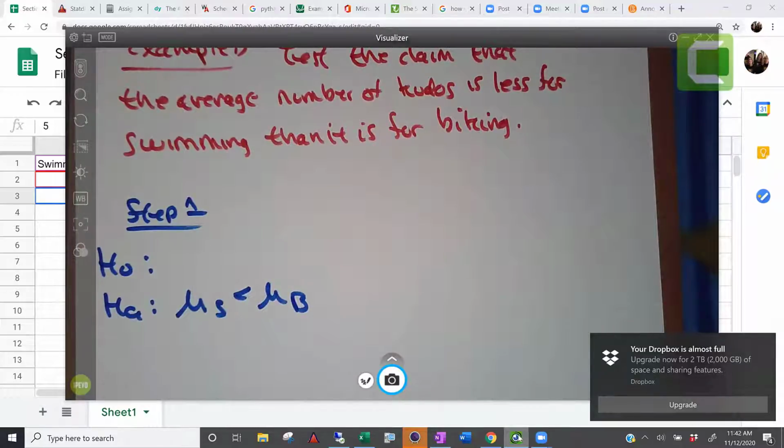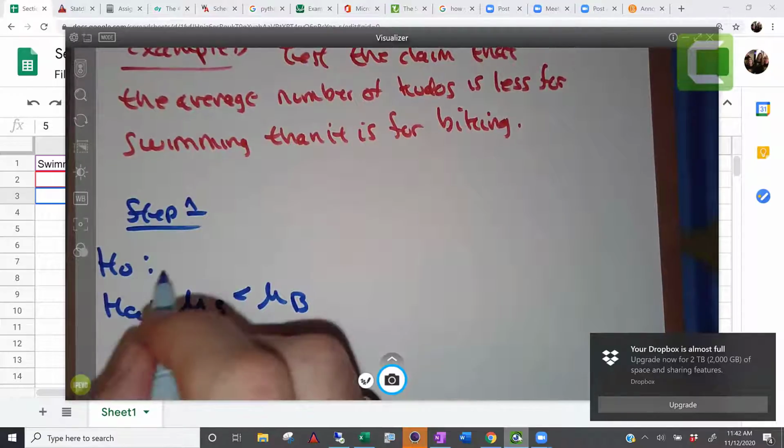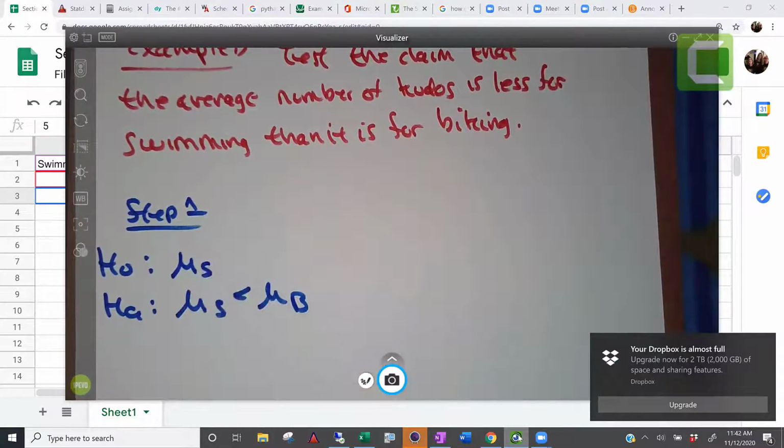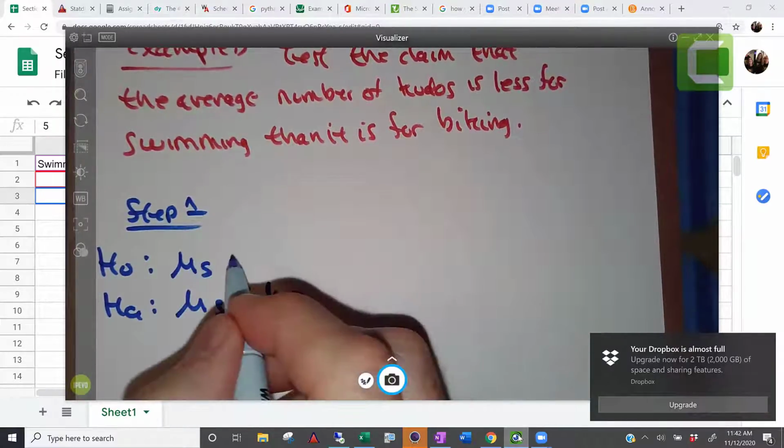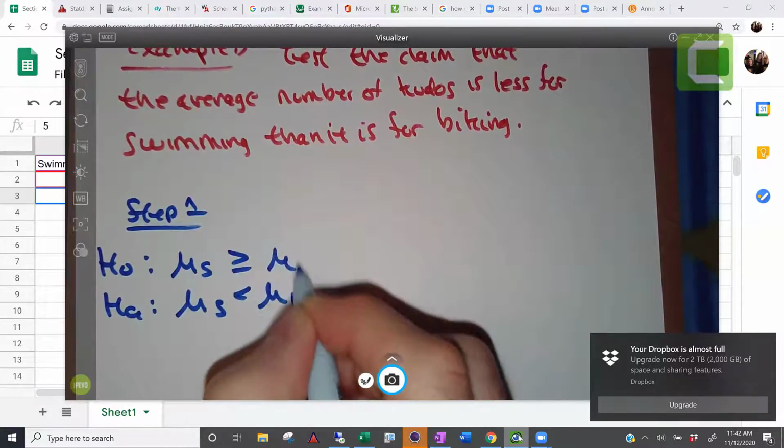What does that leave there for the null hypothesis? Mu sub S is greater than or equal to mu sub B. Perfect.